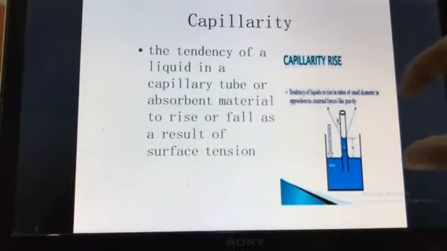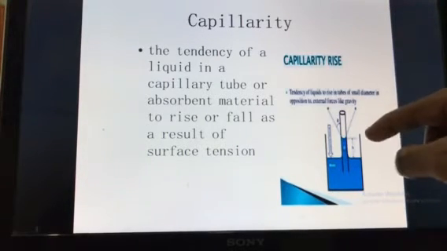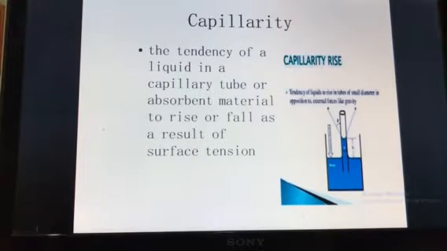So it is the rise or fall of the liquid level in a small vertical tube when we insert this tube in the liquid. The rise of the liquid surface is called capillary rise, and the fall is called capillary depression.